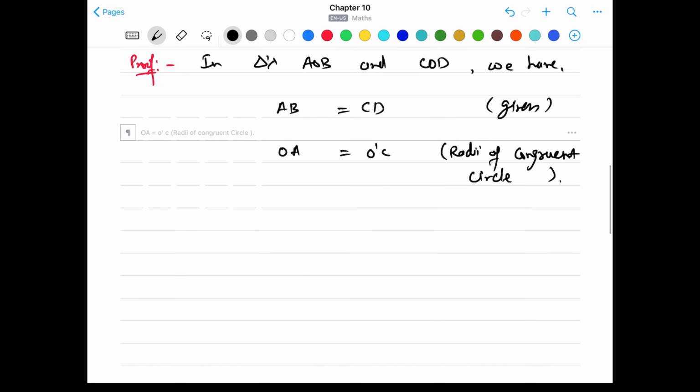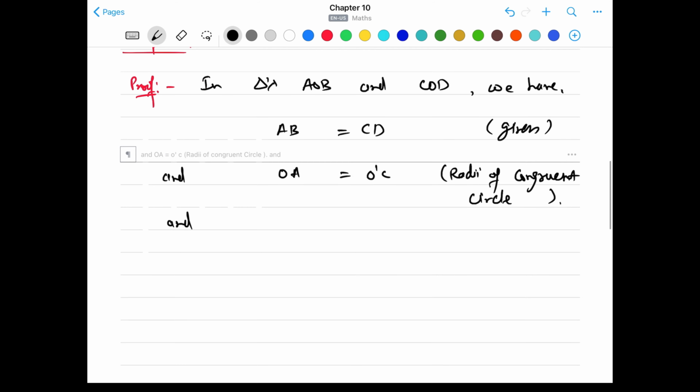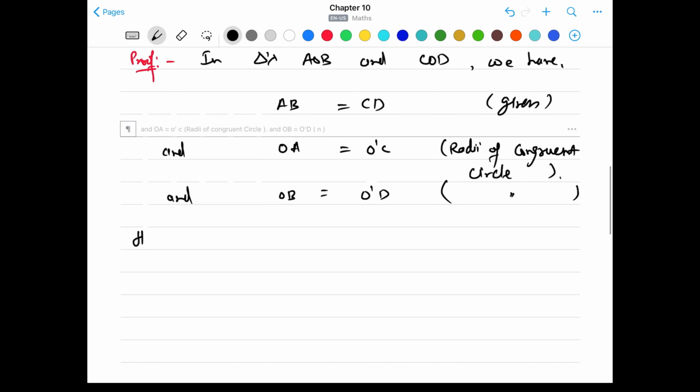Only then will the circles be congruent, if the radii are equal. And we have the second side OB equals O dash D. The reason is again the same, they are the radii of congruent circles.